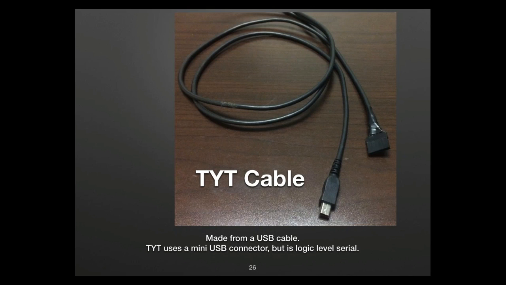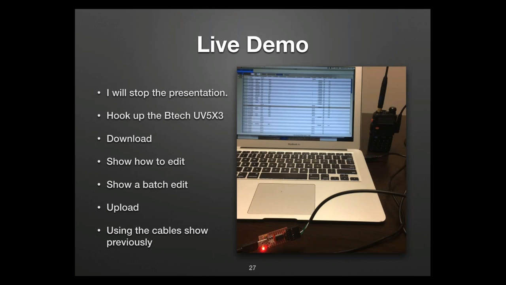So it's really pretty easy. At this point, what I'm going to attempt to do is a little bit of a live demo. I'm going to check over here and see my radio hasn't turned itself off, so that's a good thing. And we'll actually go through a couple of steps with it live.